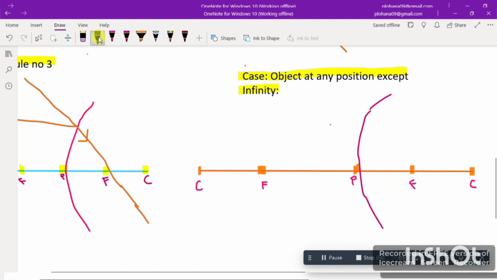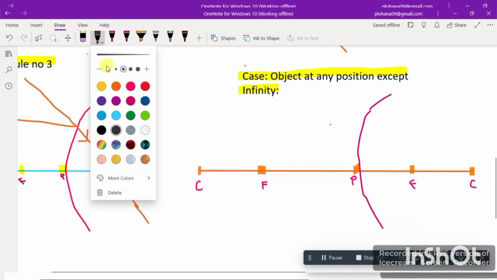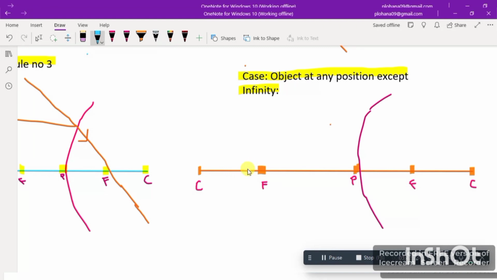Now what we need to see here, suppose a man is standing here. It is the height of that, right? As we have studied the rules, let me explain here in this diagram again.